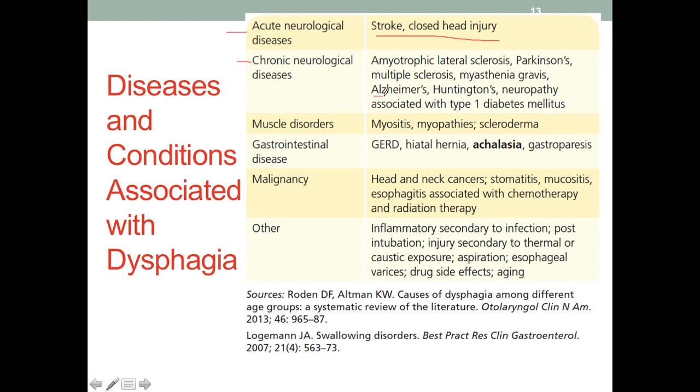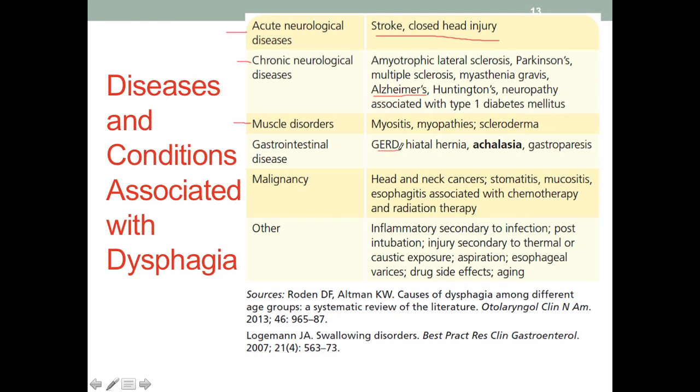For example, we'll see it in some types of dementia, such as Alzheimer's. It could also be a muscle disorder. Swallowing is a process that involves the coordination of many muscles in the head and neck area. Therefore, if we have a muscle disorder, we can have dysphagia.